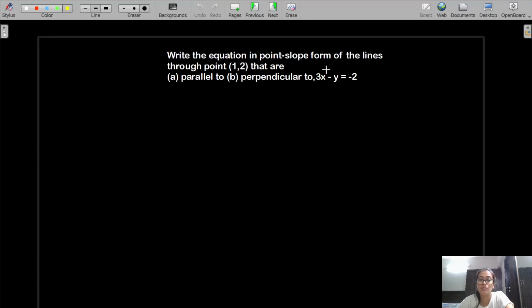Write the equation in point slope form of the lines through point 1, 2 that are parallel to and perpendicular to 3x minus y equals -2.